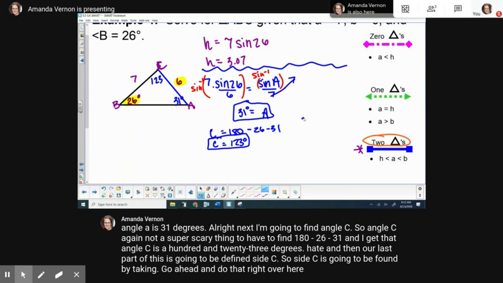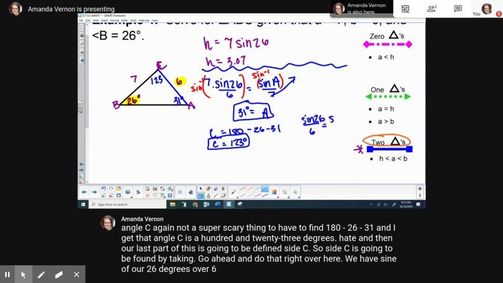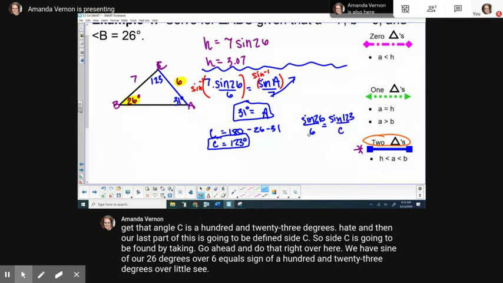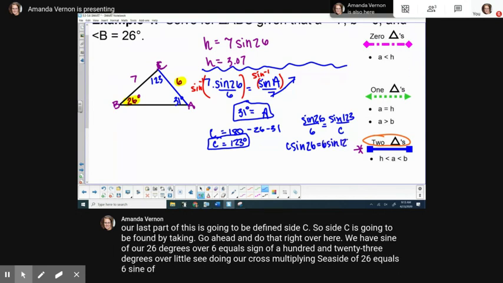We have sine of our 26 degrees over 6 equals sine of 123 degrees over little c. Doing our cross multiplying, c sine of 26 equals 6 sine of 123. Dividing by sine of 26, c is going to equal 11.48.